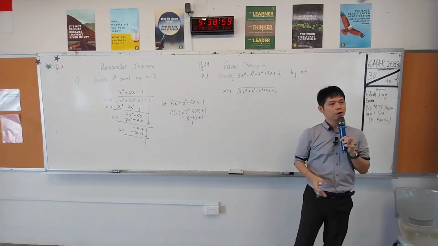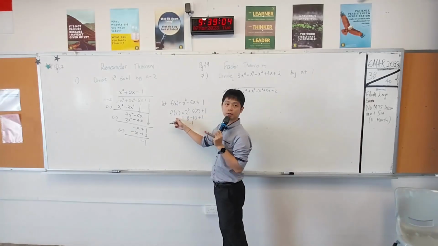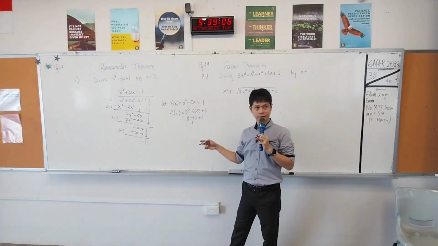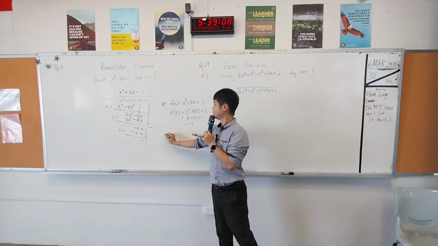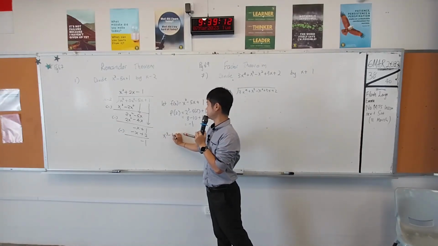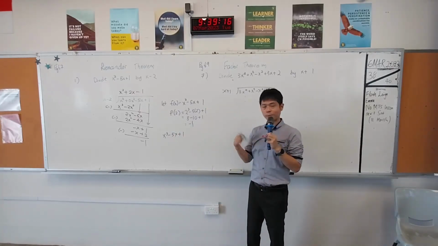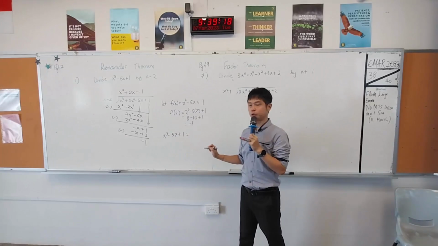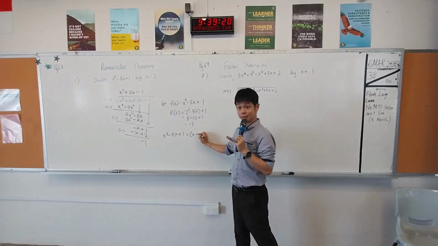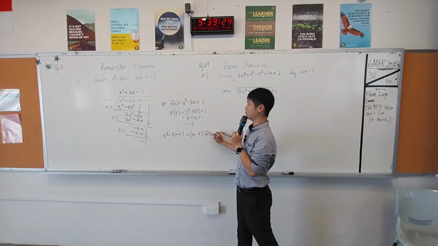So the question is, how come I can sub in 2 here in order to get the remainder? This is the remainder theorem. The remainder theorem says that if this is the dividend, remember we use dividend equals the divisor times the quotient plus the remainder. I will not write the quotient out.